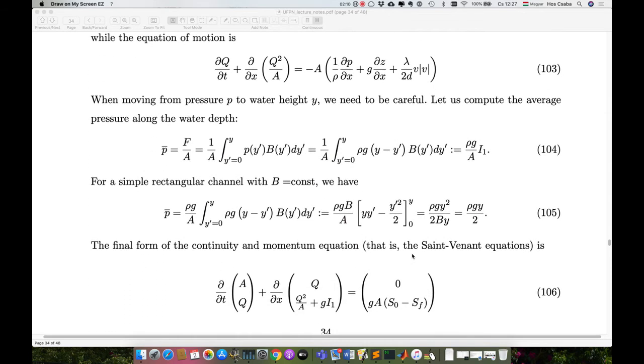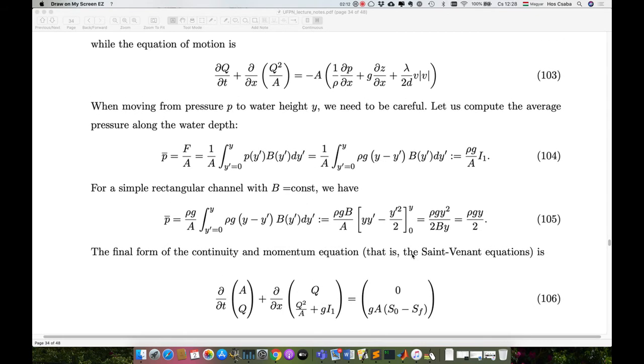Now, we have to be a little bit careful about how to replace this pressure. So naively, you could say that this pressure is the hydrostatic pressure, but it's not that easy. What they do very often is they say that this pressure here, because this is essentially the force due to the pressure across a section of your channel, what you want to do is compute the average pressure.